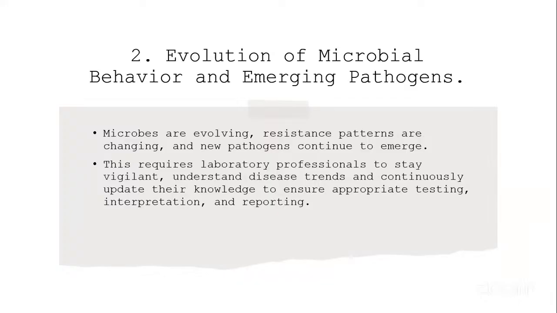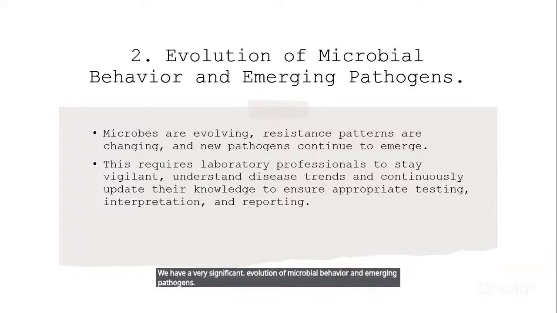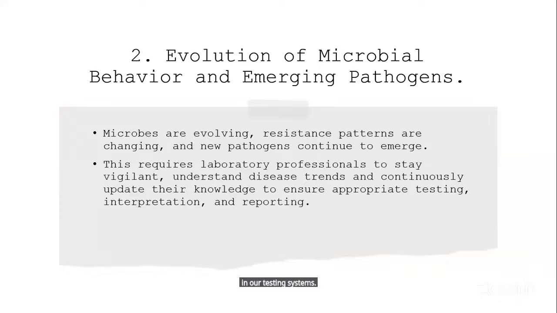The second shift that we are seeing is a very significant evolution of microbial behavior and emerging pathogens in our testing systems. So microbes are evolving, resistant patterns are changing, and new pathogens continue to emerge every now and then.